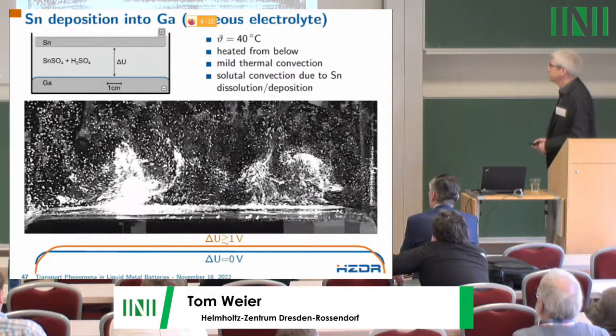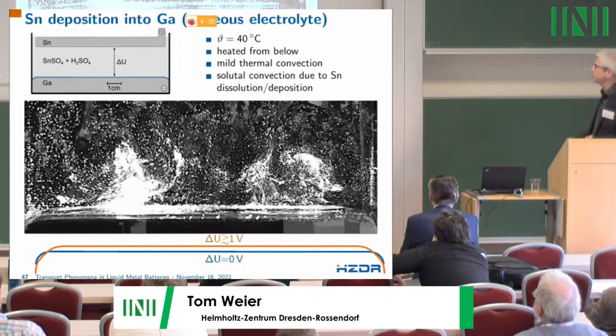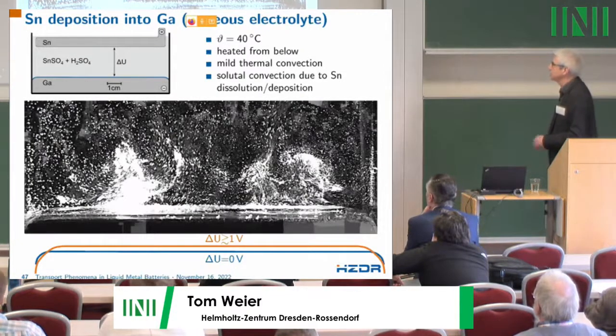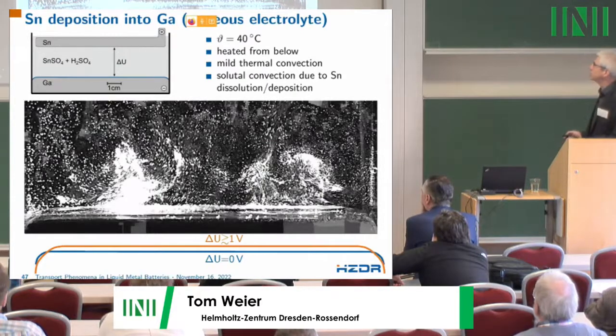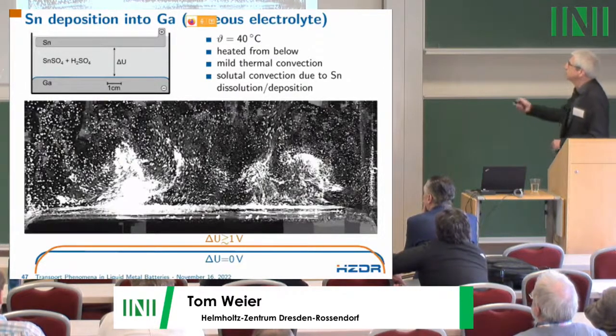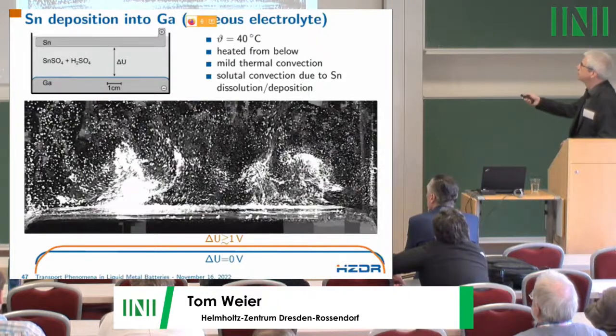Again, for fear of hot, corrosive environments, this drove us to doing substitute experiments with aqueous electrolytes. It's probably a different story, but nevertheless, what we have here is a gallium pool, an aqueous electrolyte containing tin, and a solid tin anode on top.